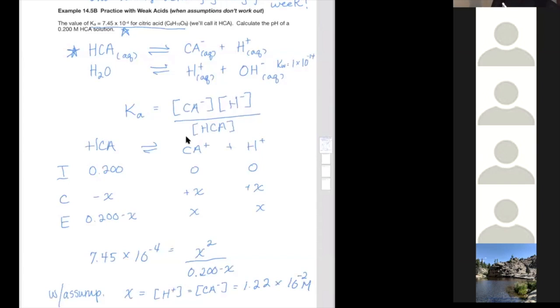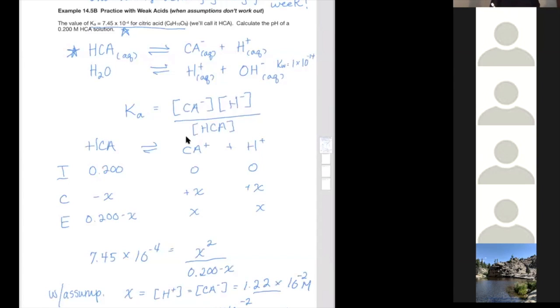If we do our little calculation to see what the percentage is, I'm just setting up a percentage, this value over the original value, how much of it is it by percent?